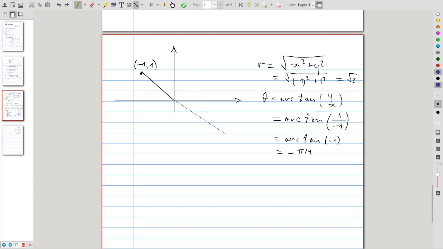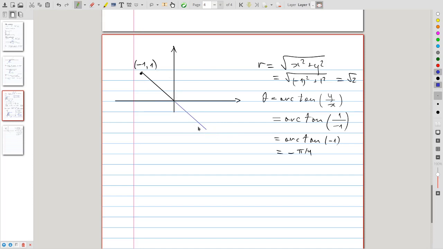So it gives you a point somewhere here, as opposed to this point in the second quadrant.